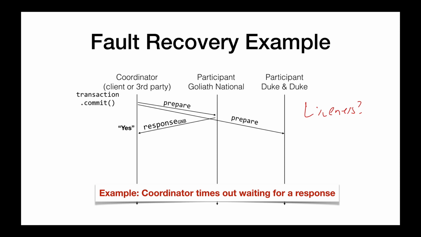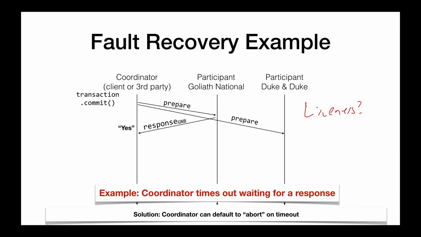In this case, the coordinator times out on waiting for a response. Well, we're lucky here, because even though the coordinator hasn't heard back from one of its participants, we can come up with a safe solution. That safe solution is that the coordinator can always default to abort.